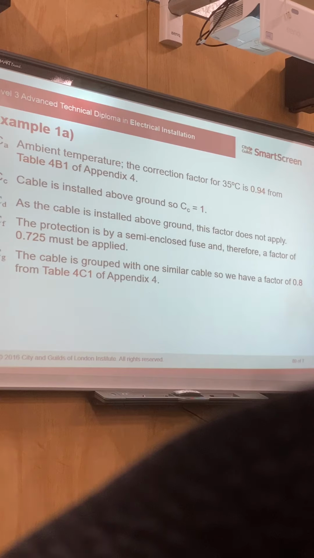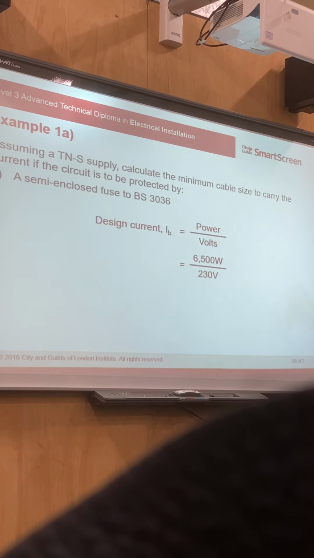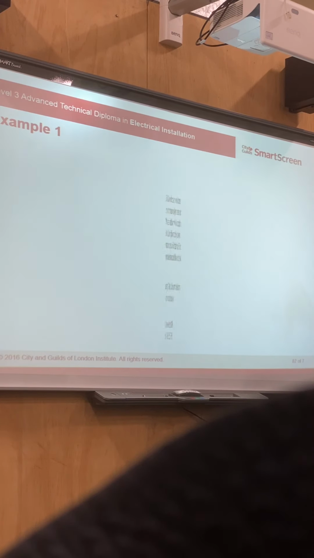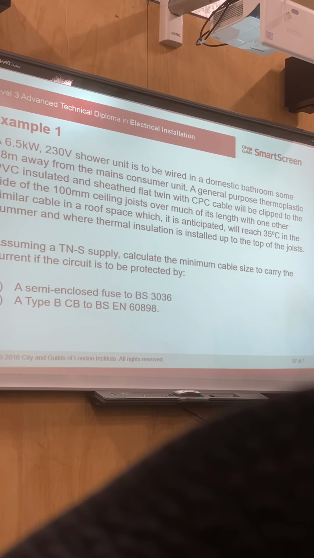Because it is trapped in the insulation, you will take the worst case scenario, won't you? Do you know if it's clipped in the dead centre? Is it clipped near the top? Is it clipped near the bottom? You take the worst case scenario, you won't be too badly affected by the calculation. You'll actually make it safer by taking the worst case scenario. Okay, any questions on that?